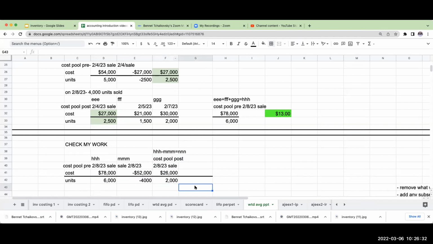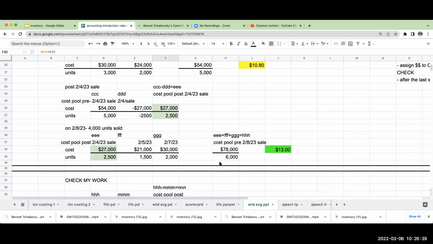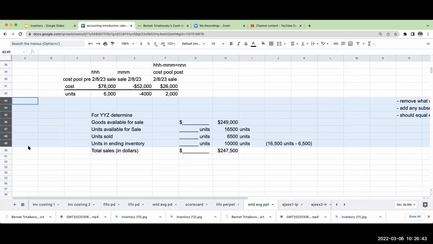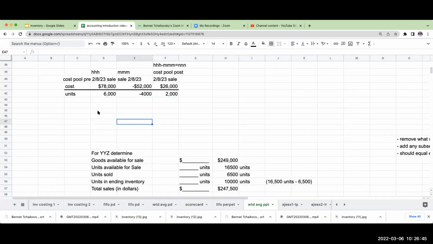Now, the challenge I have is how many units do I have in my ending inventory? Well, I've got 10,000 units in ending inventory.